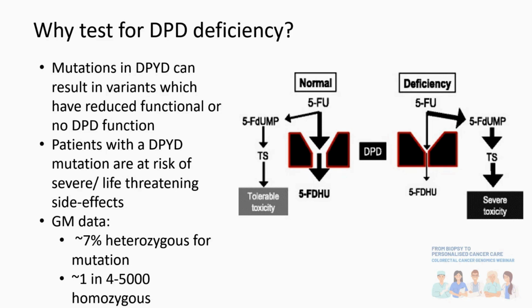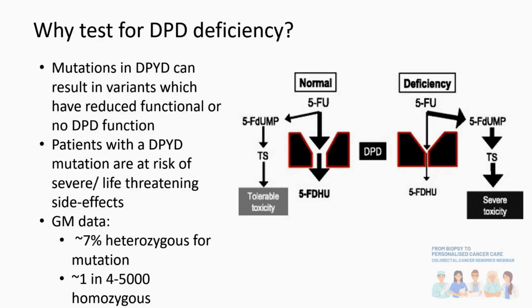Our data from assessing patients at the Christie shows that approximately 7% of patients in Greater Manchester have one mutation in the two genes, so are heterozygous for DPYD. And then approximately one patient in every 4,000 to 5,000 will have two defective copies.